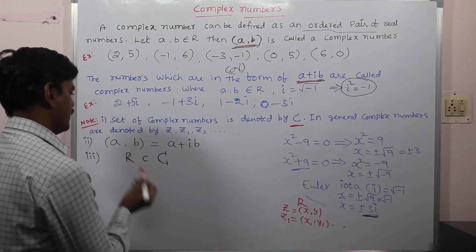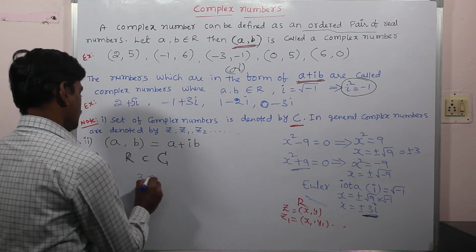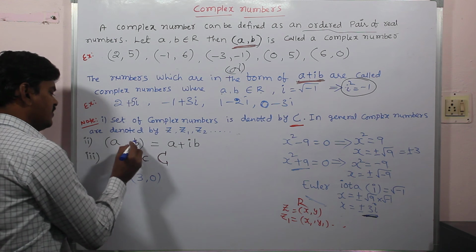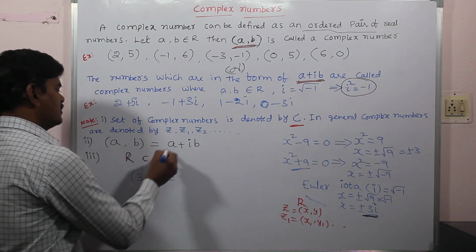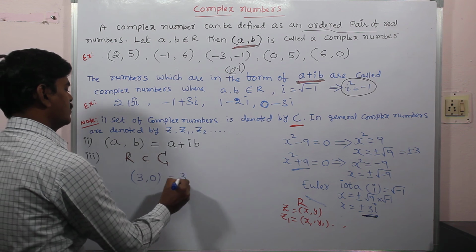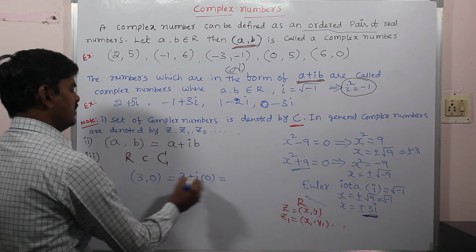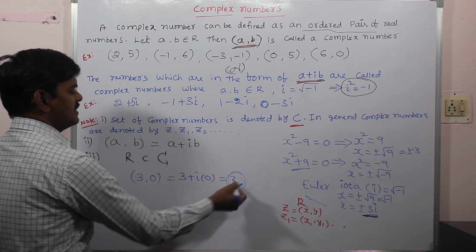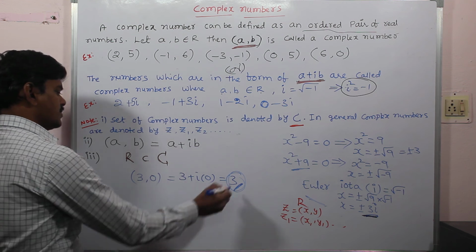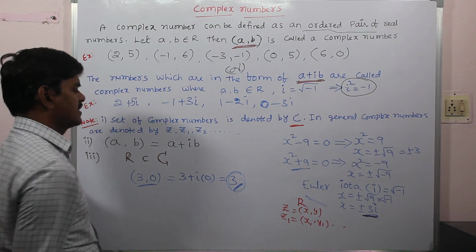For example, take 3 comma 0 in the form of A comma B. This is a complex number. If you write it in the form of A plus iota B, 3 plus iota into 0, on simplification you will get 3. What do you know about 3? 3 is a real number. So it's a real number as well as a complex number.